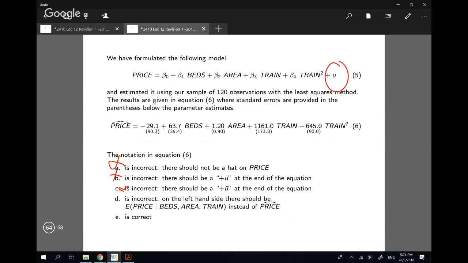Okay, how about D? D is wrong because train square is not there. That's true. But if there is train square, would that be correct? If they have train square and you put that instead of price hat, would that be correct? Why not?